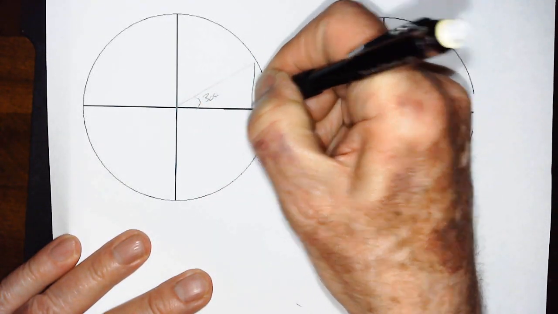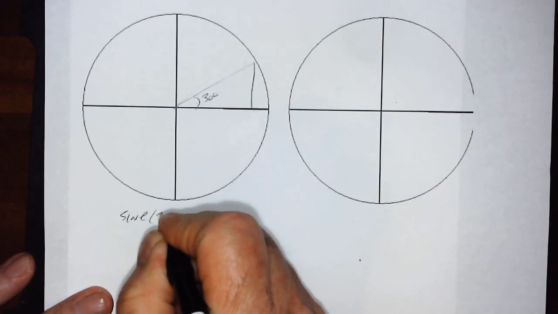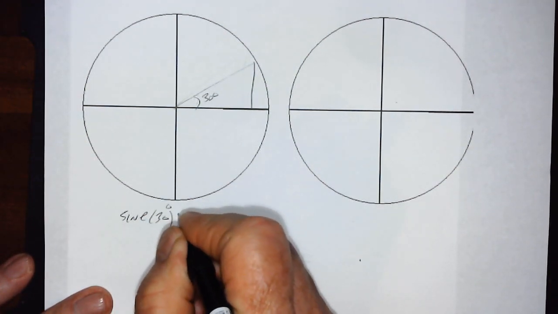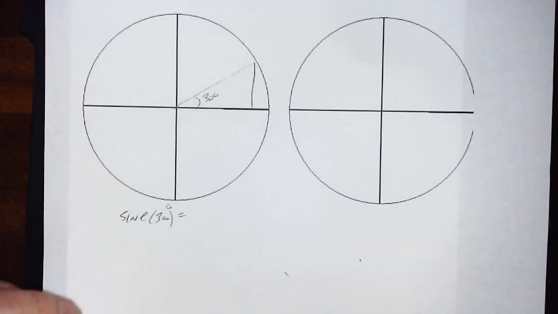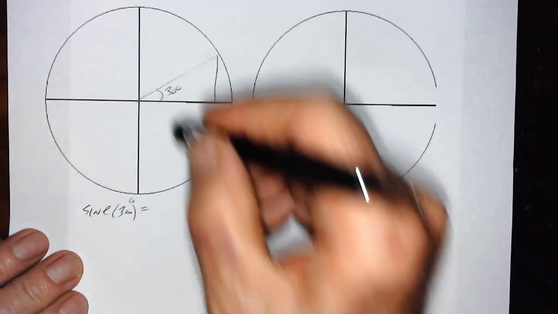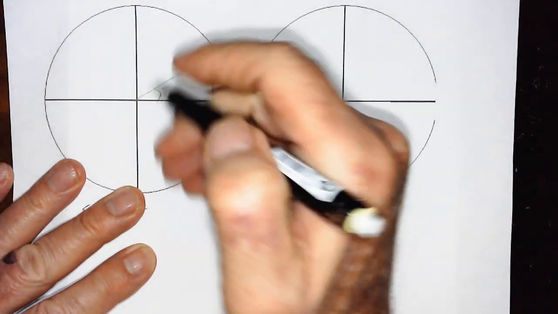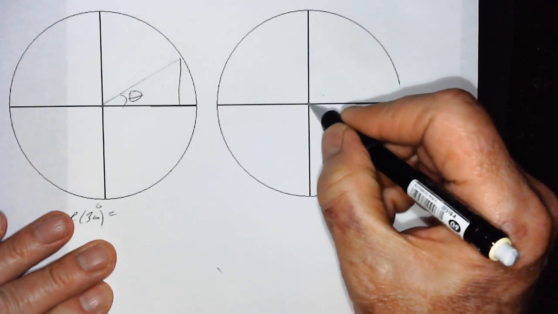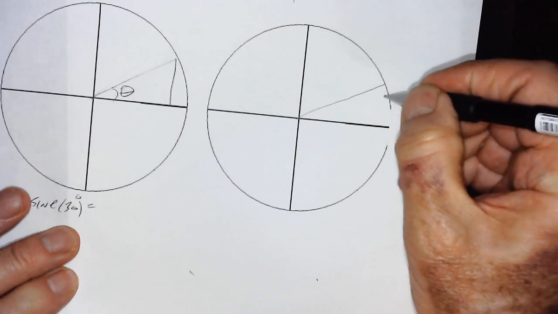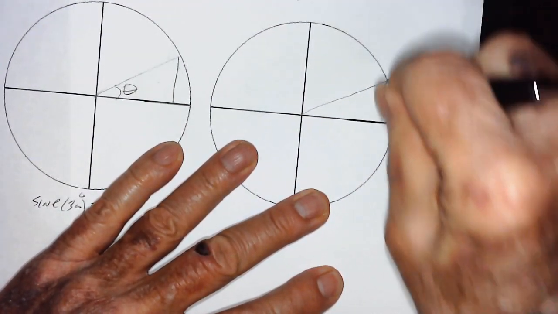Now, the sine of 30 degrees, or the sine of any angle, actually. I should have started in general. Wait, let me back up slightly here. Let's just call this theta. We don't even know that it's 30, although I am going to use 30, but let's make it a little straighter than that.